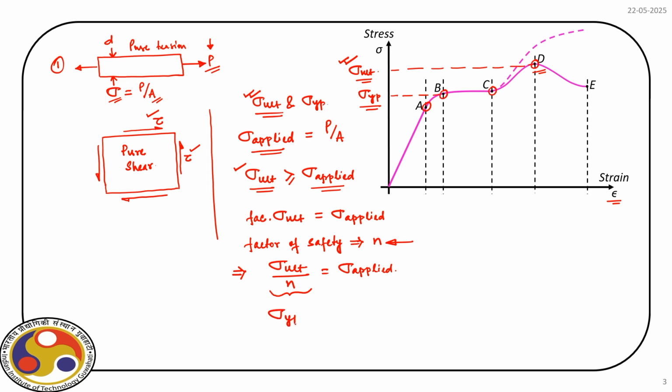So, instead of ultimate load, we can also select sigma yield point, and then divided by n is equal to sigma applied, depending upon the design requirement.